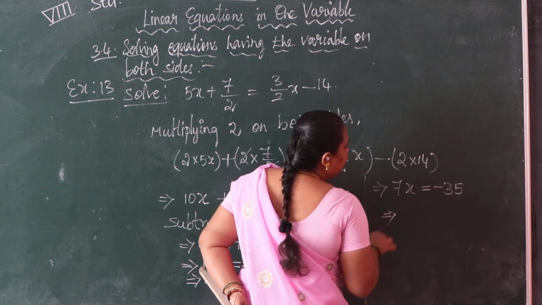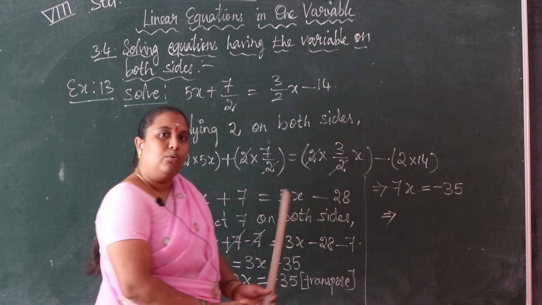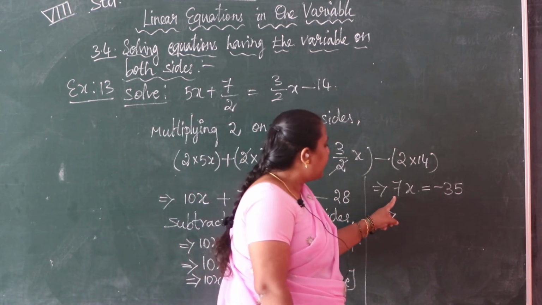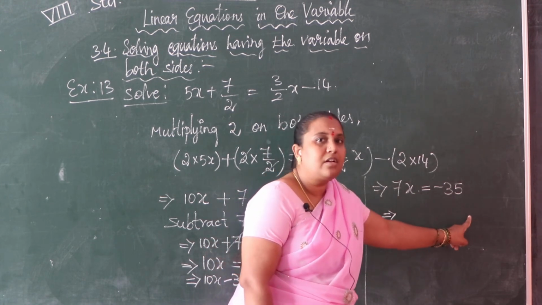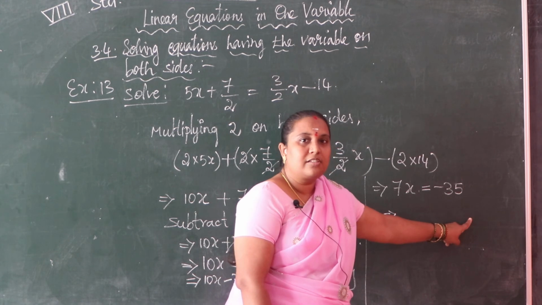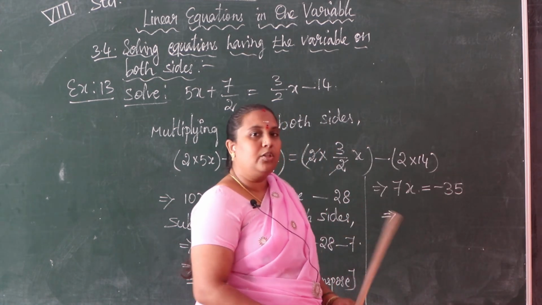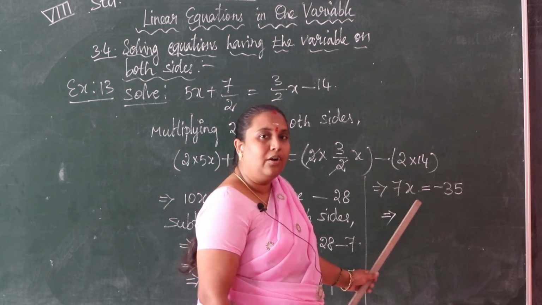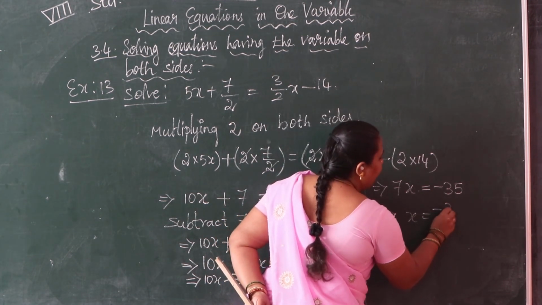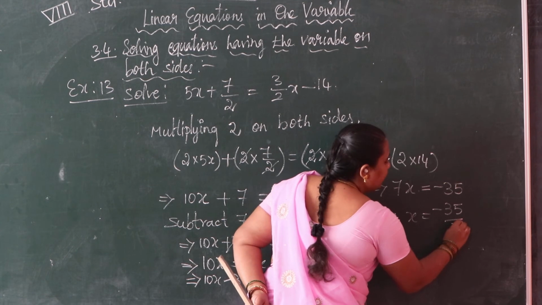Then which method are we using? Both are correct. Dividing by 7 on both sides is correct, or transposing 7 to RHS is also correct. Whatever you use is correct. Here I transpose: x equals minus 35 by 7.